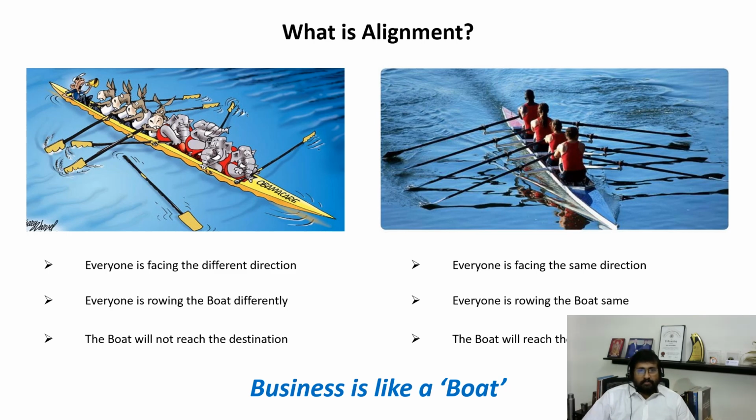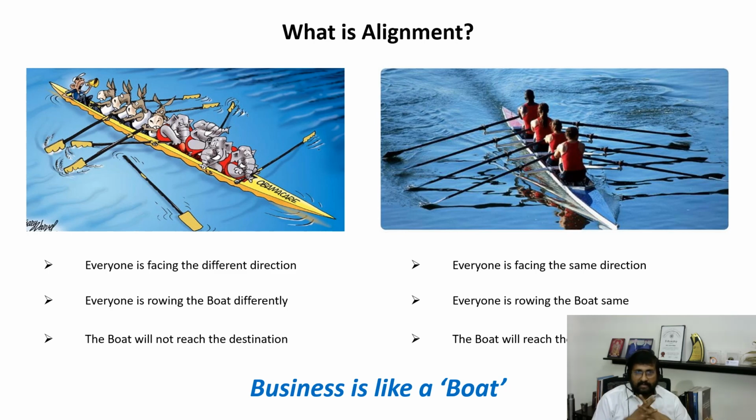Business is like a boat. If the business is like a boat, then it will only get to its destination if everyone is rowing the boat in the same direction. OKR ensures that everyone is rowing in the same direction.